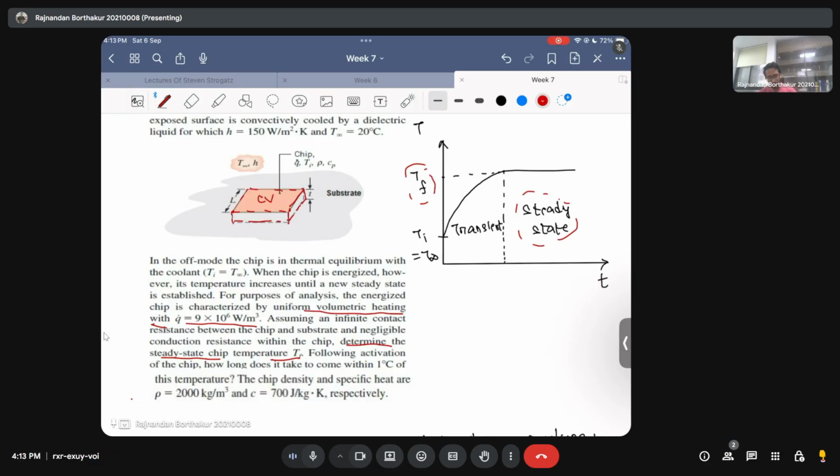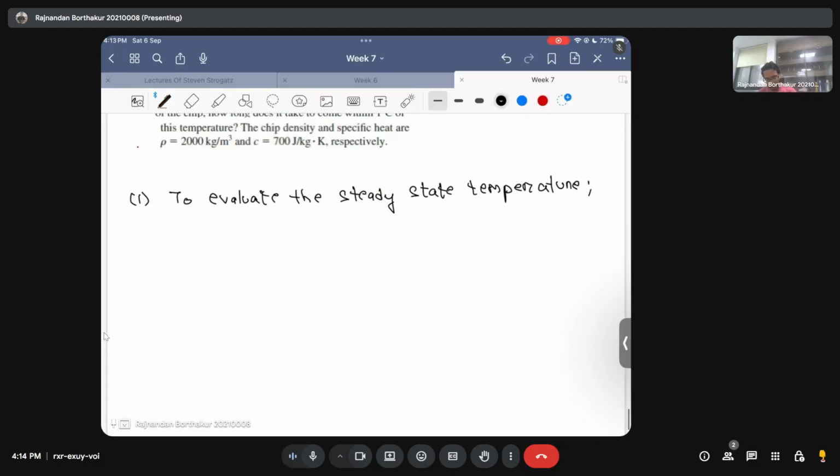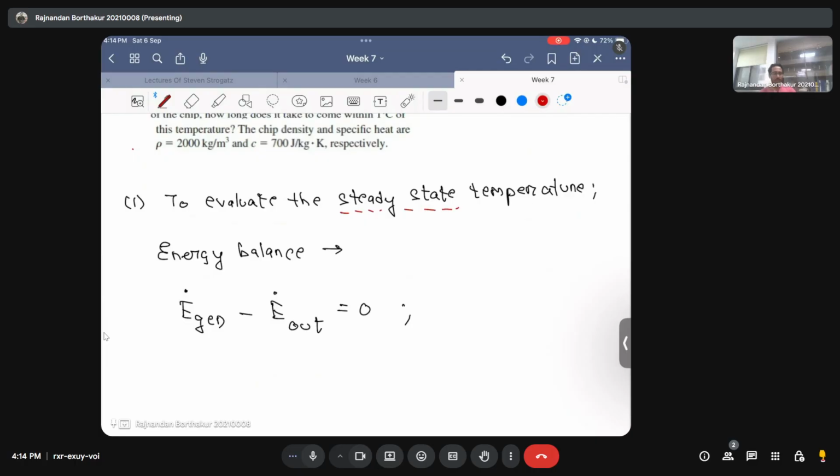At steady state, if I use the energy balance principle, I can say that whatever energy is being generated and whatever energy is going out from the top surface of the chip, this has to be equal to 0. This is 0 because I am repeatedly saying that we are applying this energy balance principle at steady state.